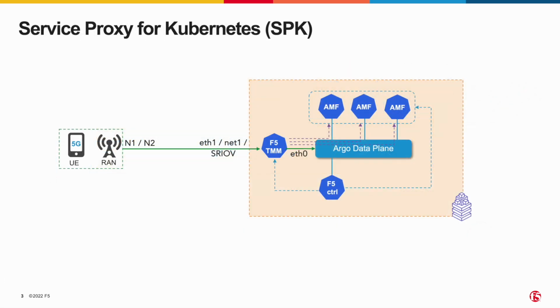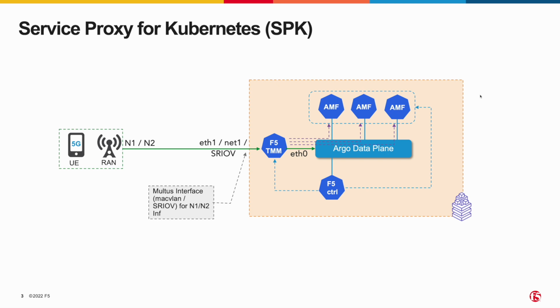To unpack how the SPK works, here is how it looks. F5 TMM and the F5 controller, also known as F5 ingress, form the core components of this AMF load balancing. The F5 TMM external interface is exposed via Multus CNI, where UE connects via this N1 or N2 interface. In this demo, I'm using MACVLAN CNI to expose the F5 TMM external interface.